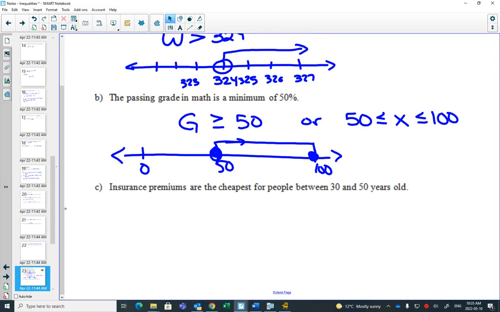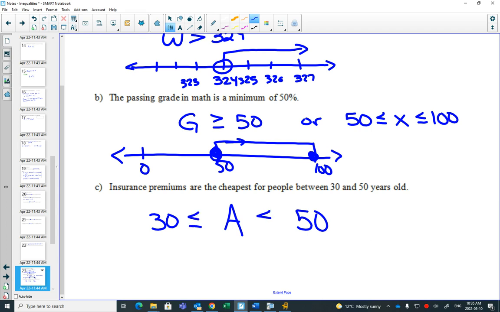Insurance premiums are cheapest for people between 30 and 50. So we have age, we have 30, and we have 50. And you notice that the in-between ones are always in between, so there wouldn't be an equal sign, right?